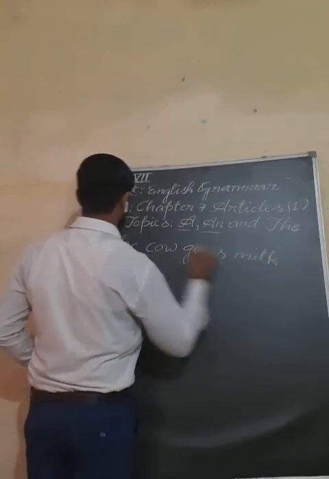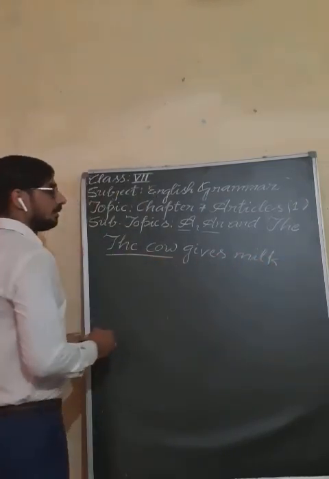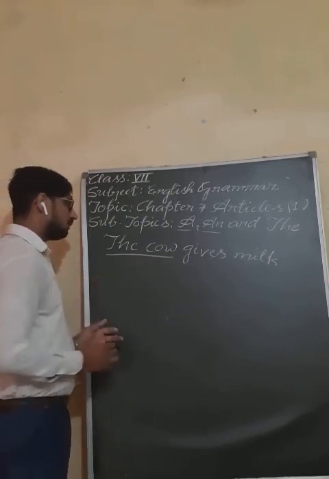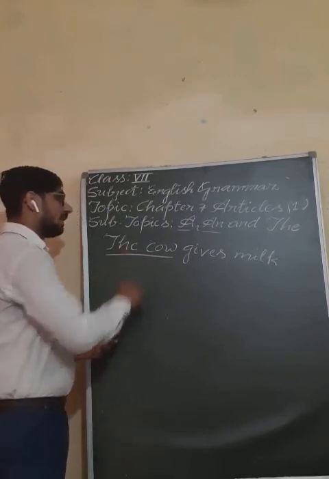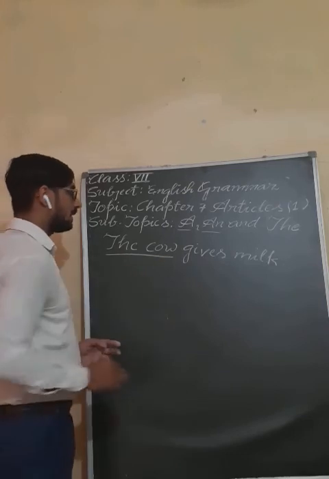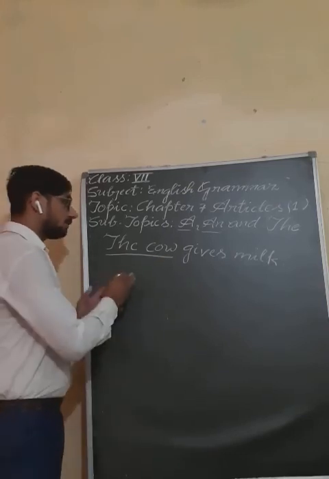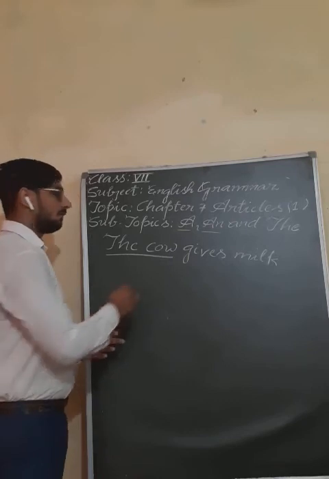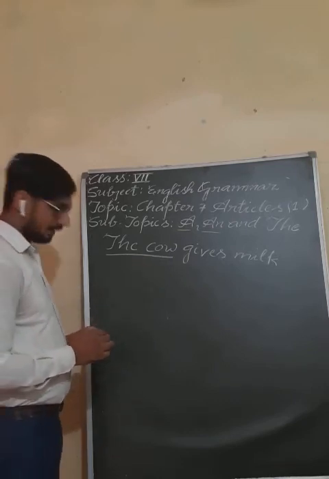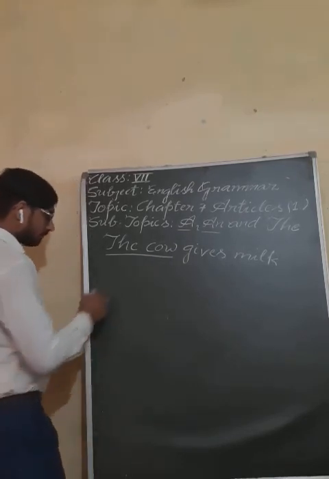Here you are getting the cow means singular, but one cow will indicate about the races of all cows. All the cows give milk. We can say that from a singular sentence you can get it. Understand?